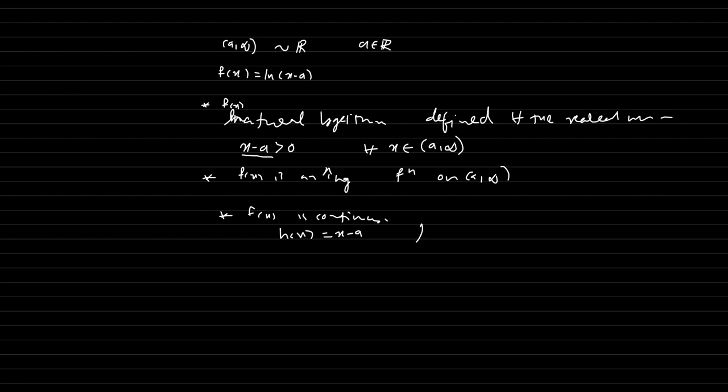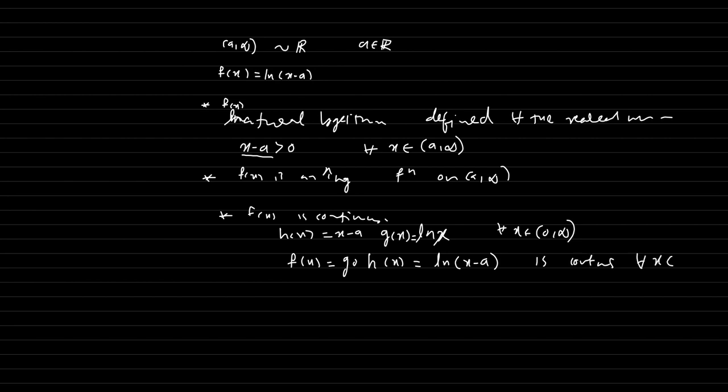And the natural logarithm is also continuous: if g of x equals ln of x, then it is continuous for all positive numbers in the open interval (0, infinity). Therefore, we can say that f of x is the composition of these two functions, g composed with h of x, which means the natural logarithm of (x minus a), and it is continuous for all x in the open interval (a, infinity).